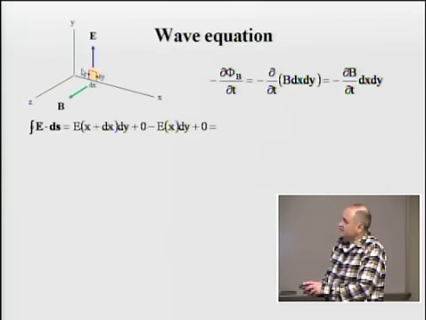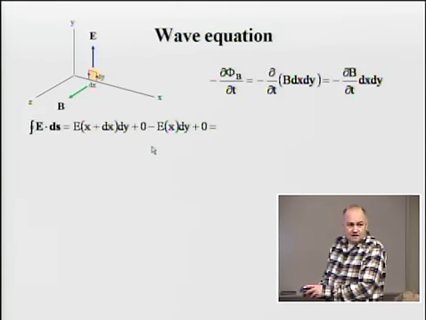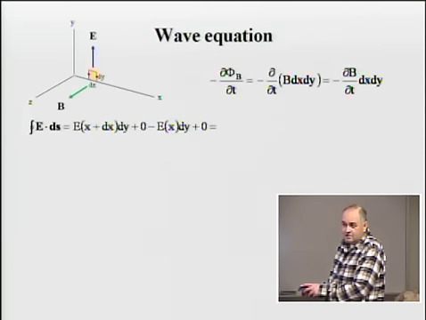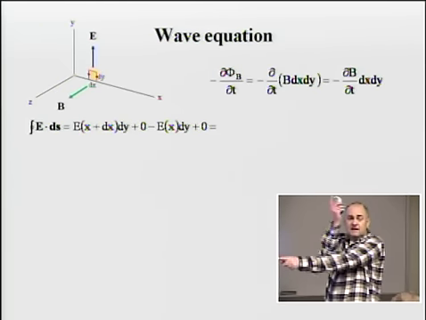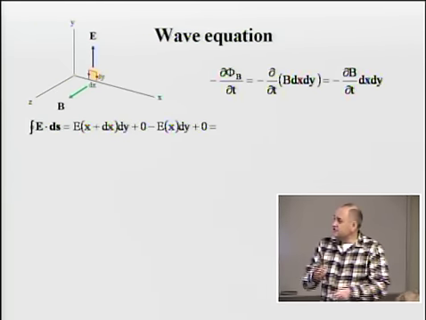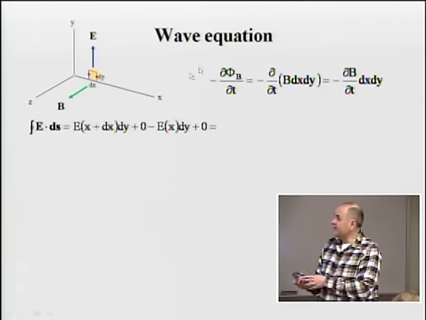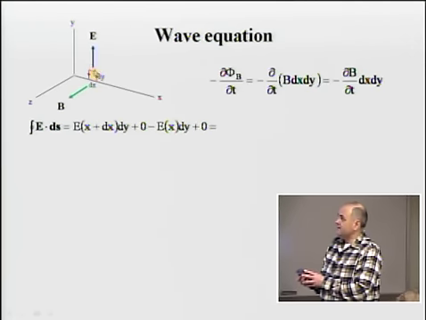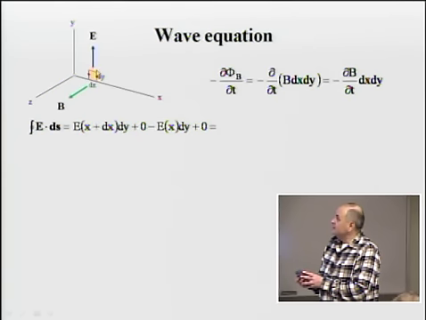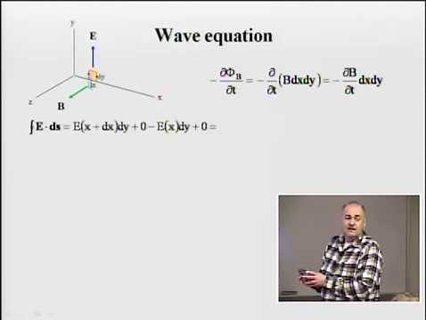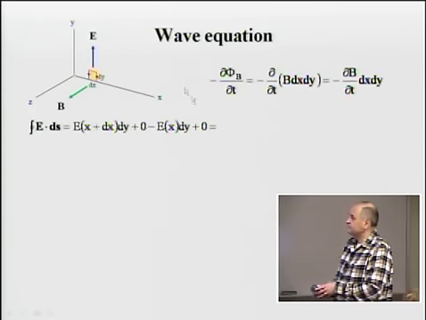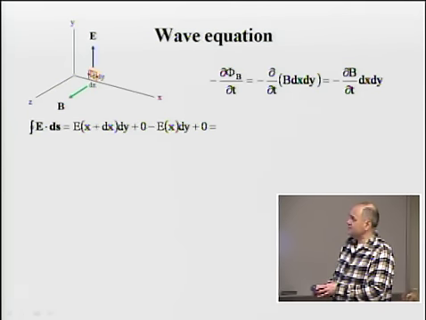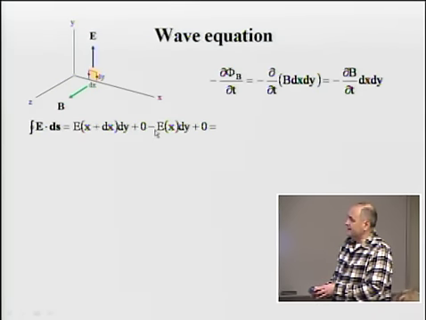Now let's think about this side. Well, it's 0. Why? Because the segment vector is in this direction, electric field is up. So when I calculate scalar product, I have to take length of this segment, electric field strength, and cosine of 90 degrees. Cosine of 90 degrees is 0. All right, now I have this side.